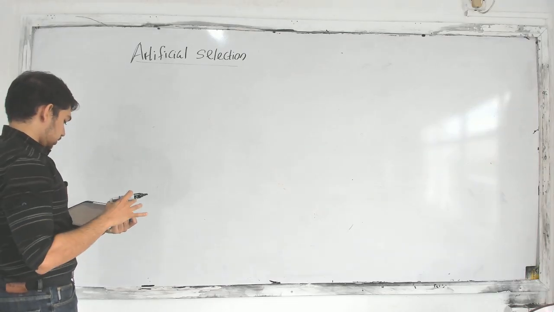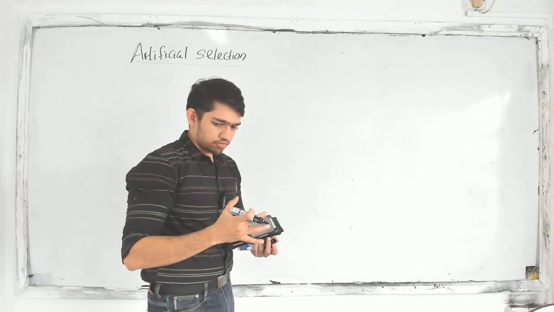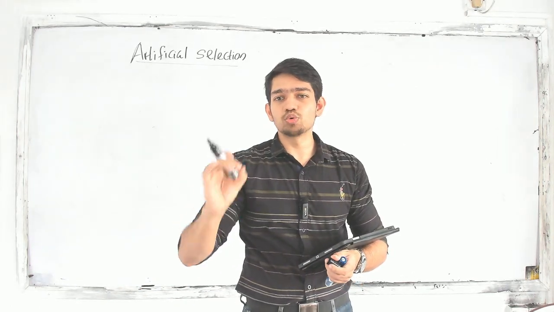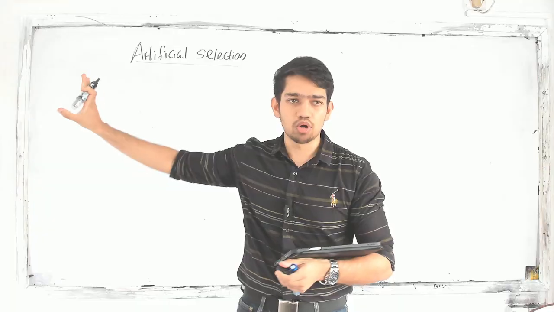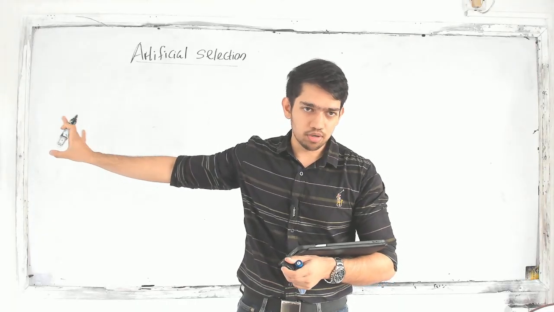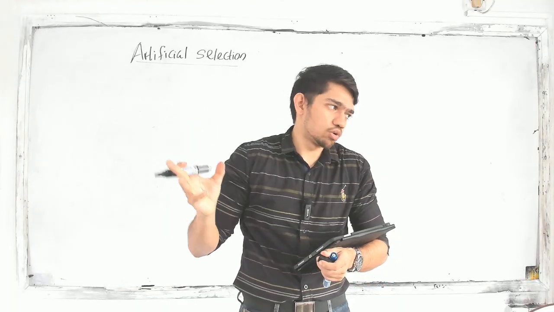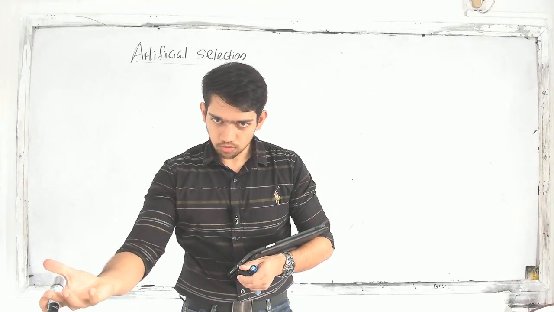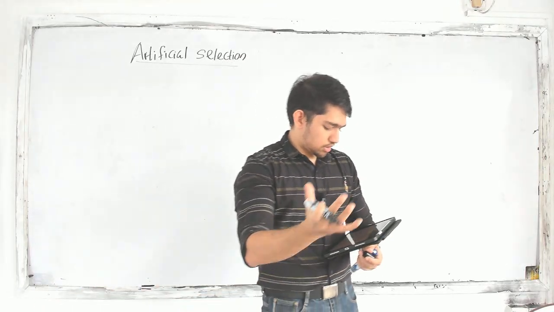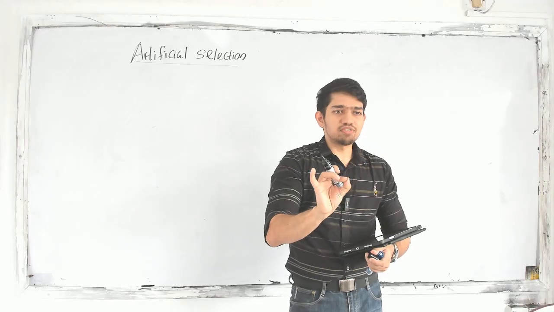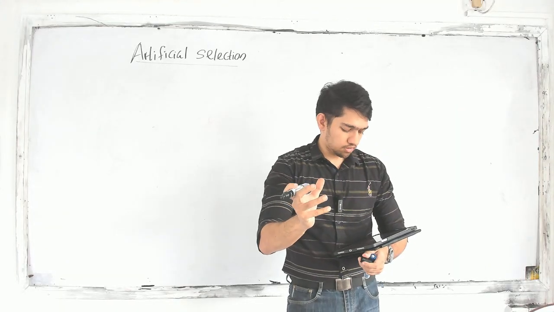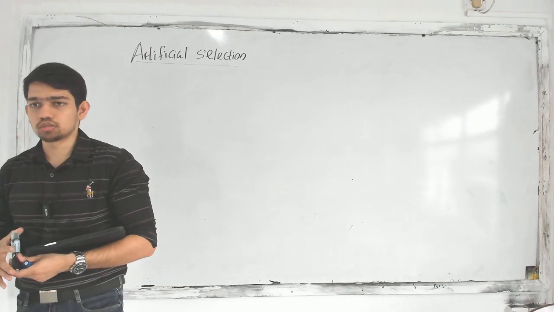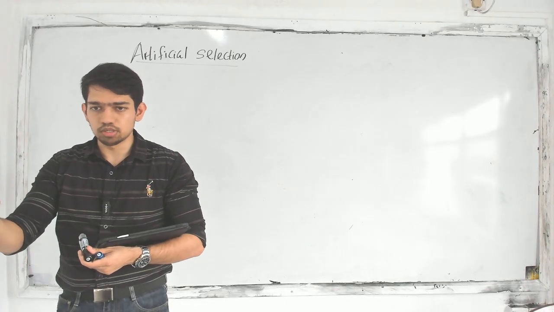So artificial selection has a few steps. A person who has just some general knowledge can do artificial selection of breeding. A very simple farmer who has never been to school can do it, and they do. They choose plants and animals with specific nice traits. For example, if you take a fruit plant, the biggest fruits is the desirable trait.